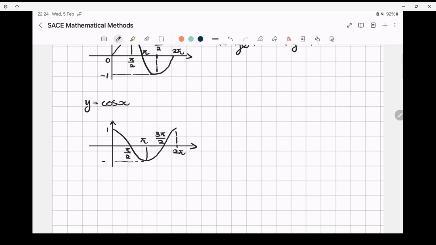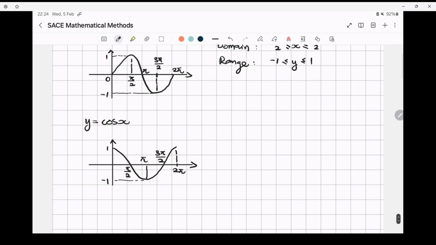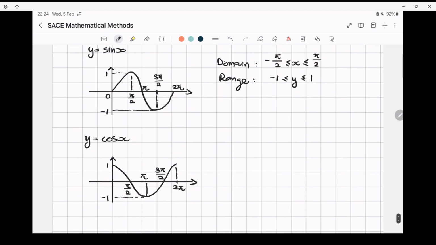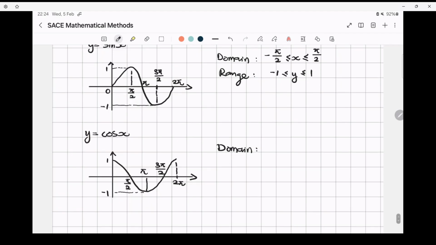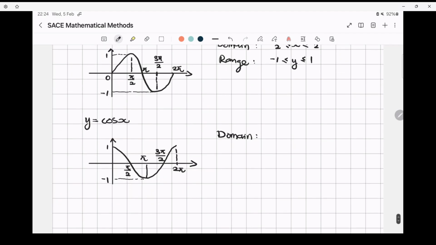This corresponds to minus 1. So similarly, when we list down the domain and the range, we want to make sure that the particular domain that we choose allows us to define what is called the inverse. So in this case, what we are choosing usually is from 0 to pi. Then your range will be from -1 to 1.